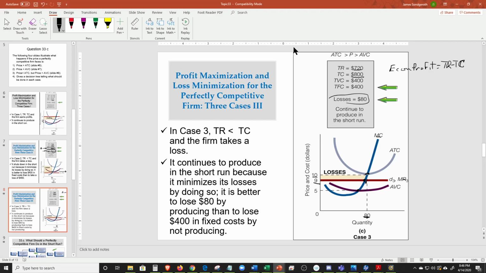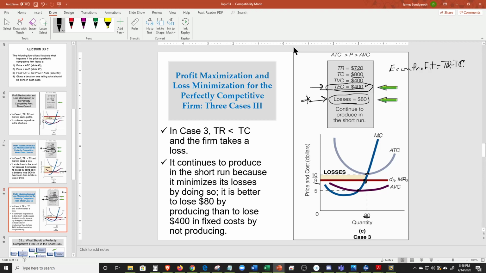They're losing $80. But as we said before, their fixed costs are 400. If they shut down, they're going to lose 400. If they stay open, they're going to lose 80. So now it's a choice between losing 400 or losing 80. They're going to choose to lose 80 in the short run.